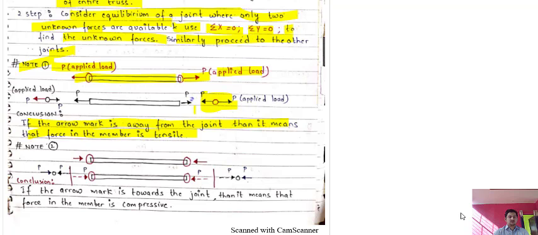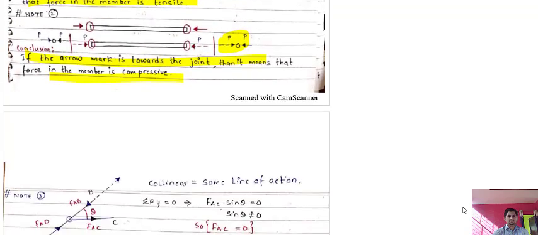And the second note says that if the arrow marks are moving towards the joint, if two forces are moving toward the joint, that means the force in the member is compressive. I hope you will remember this point.